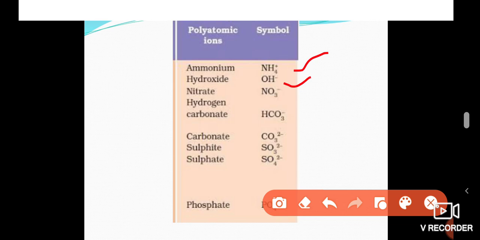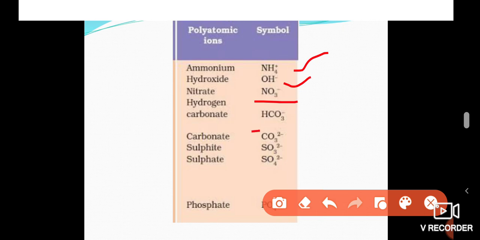Next, nitrate. It is a polyatomic ion because it contains 4 atoms. What are they? 1 nitrogen and 3 oxygen. And it has a total net charge minus. So, a negative ion ending with ATE, nitrate.